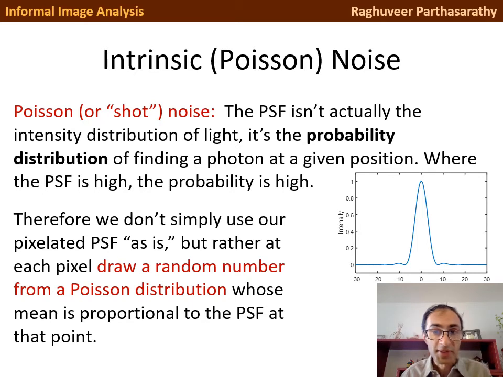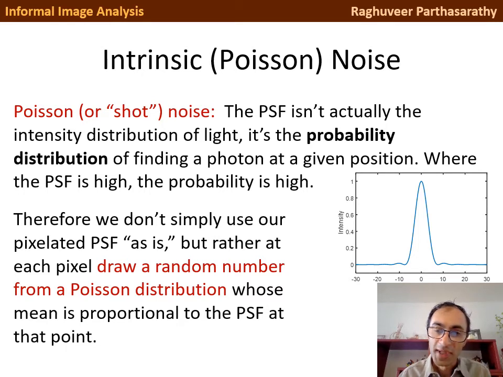So this point spread function that I mentioned isn't actually the intensity distribution of light. It's actually the probability distribution of finding a photon at a given position. So where the point spread function is large, the probability is large. Where it's small, it's small. But it's not in itself the number of photons, but rather the probability of getting a photon.